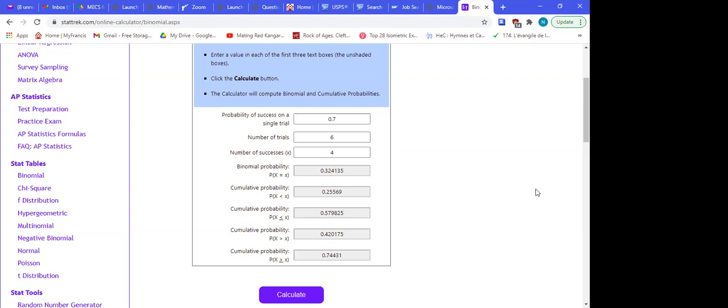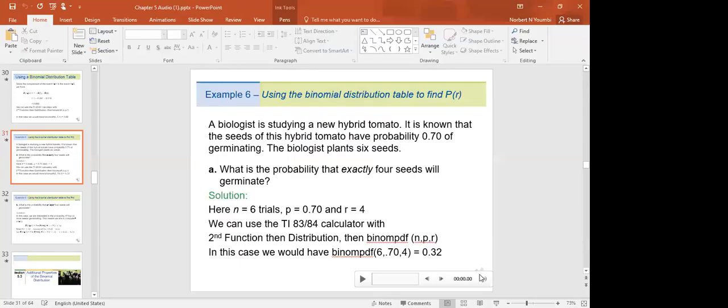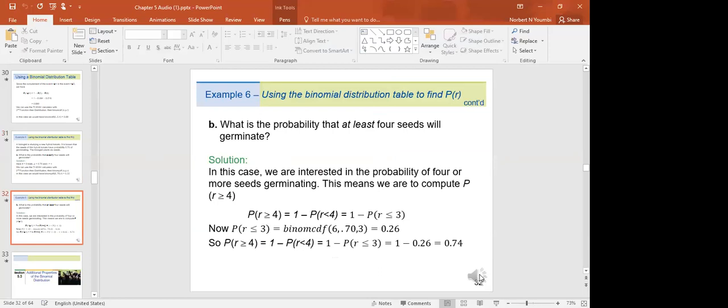If you are using your TI-83, 84 calculator, you will do second function, distribution, and choose binomial PDF for equal to. But if the question was like the next question, what is the probability that at least 4 seeds will germinate? At least 4 seeds will germinate.